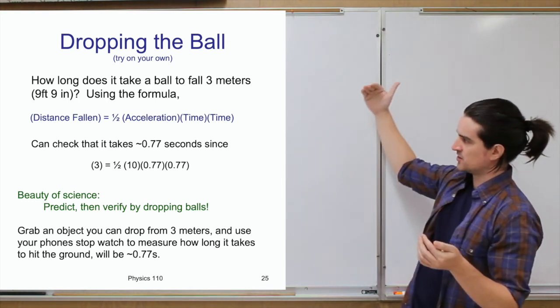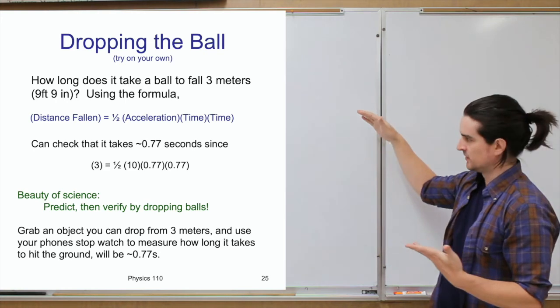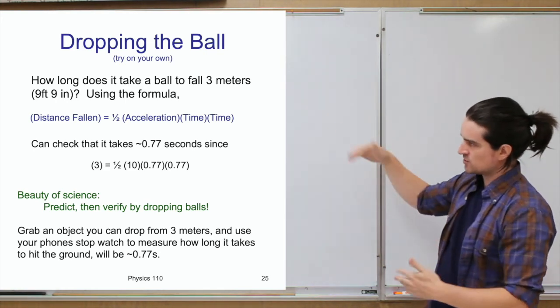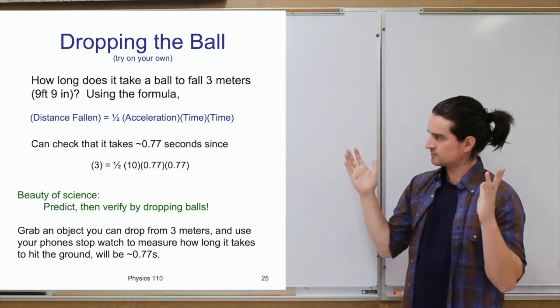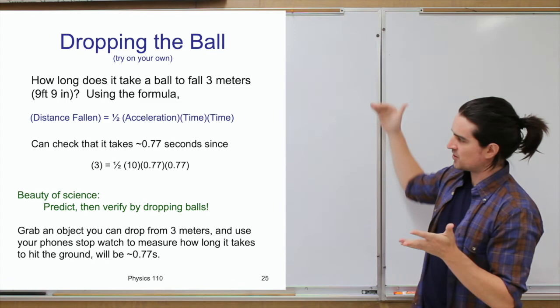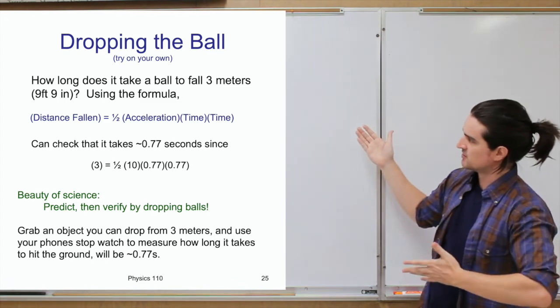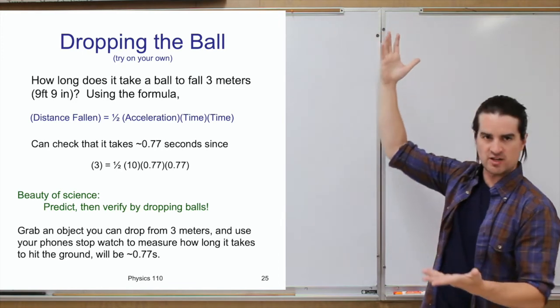Essentially solving this equation for a single factor of time, it would involve multiplying by 2, dividing by acceleration, and square rooting. You don't really need to do that. I can just at least tell you for one example, if I say how long would it take for a ball to fall or an object to fall 3 meters, right?